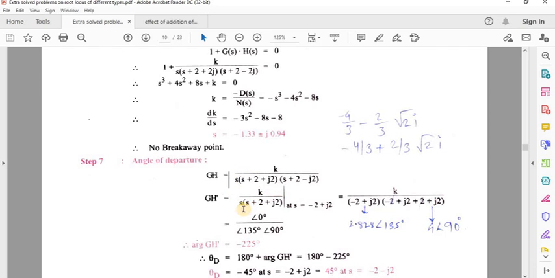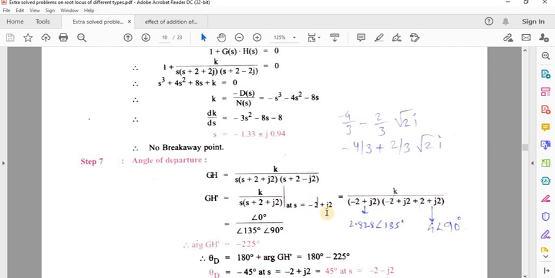So k upon s first pole, then s plus 2 plus j2 second pole at s equal to minus 2 plus j2. Okay, so they have given k upon, just put s equal to this minus 2 plus j2. So first minus 2 plus j2, then minus 2 minus j2.